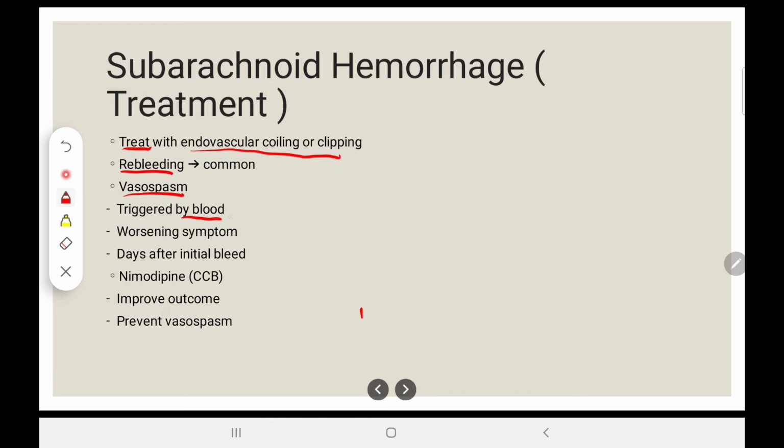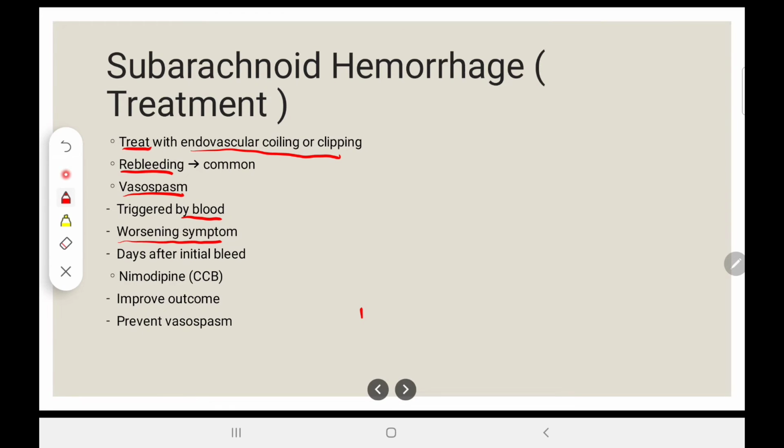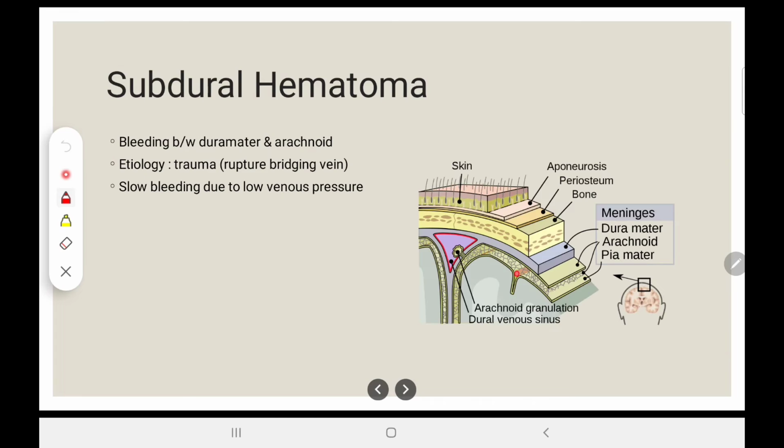Vasospasm is triggered by blood, which causes worsening symptoms. Vasospasm starts days after the initial bleed. How to prevent vasospasm? To prevent vasospasm, we use nimodipine, a calcium channel blocker. It can improve outcome and prevent vasospasm.